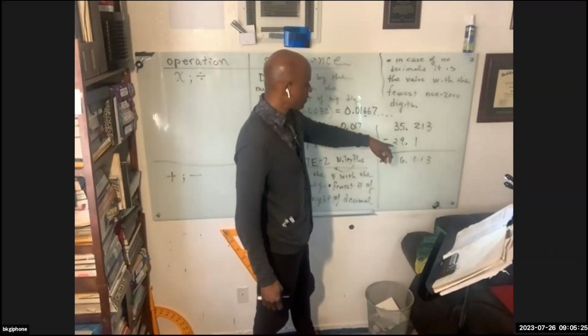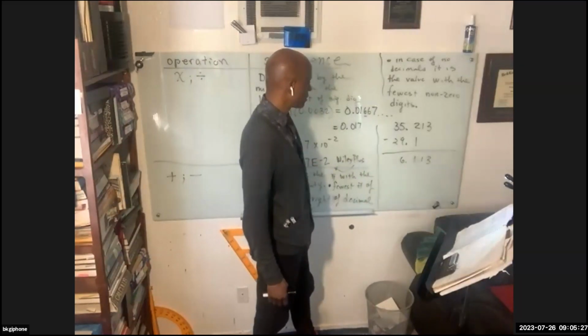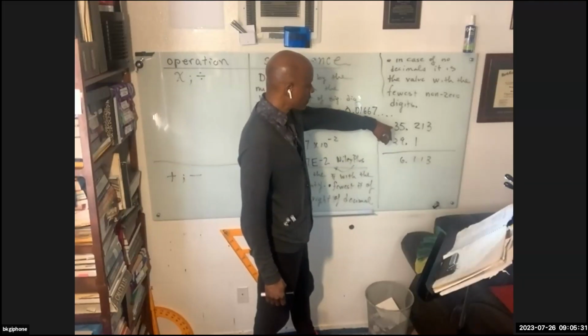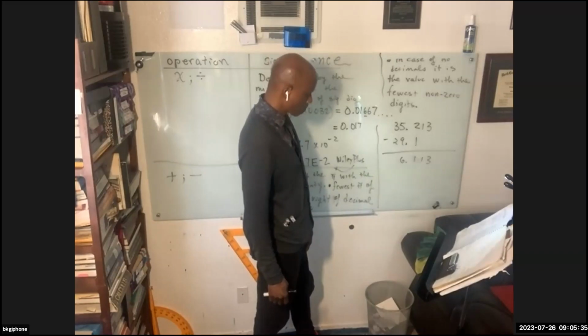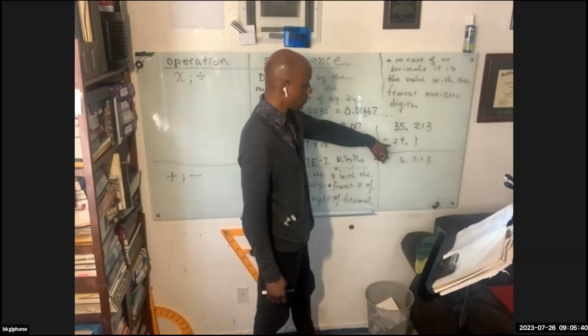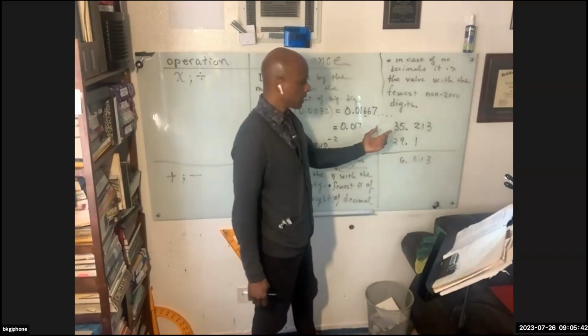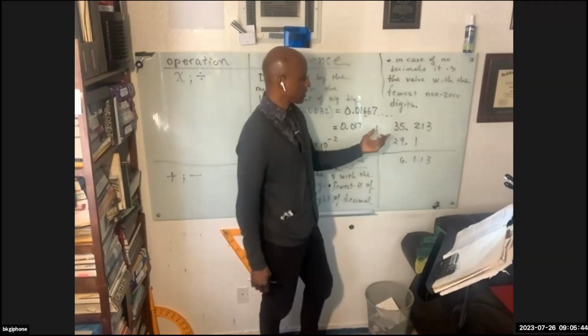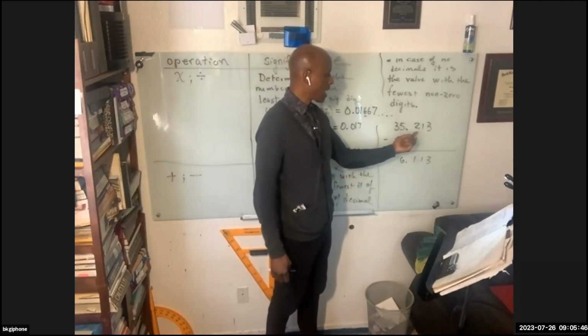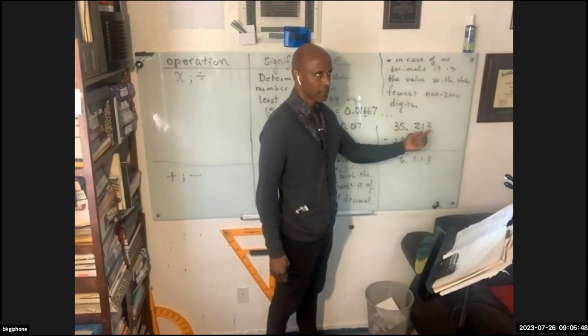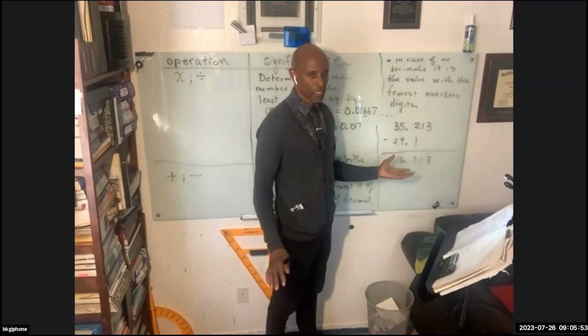Clearly, 29.1 is the number with the largest uncertainty. So 35.213 is more certain than this number, because if I'm making a measurement and all the numbers are significant, I've taken this number out to the thousandths of a decimal place.